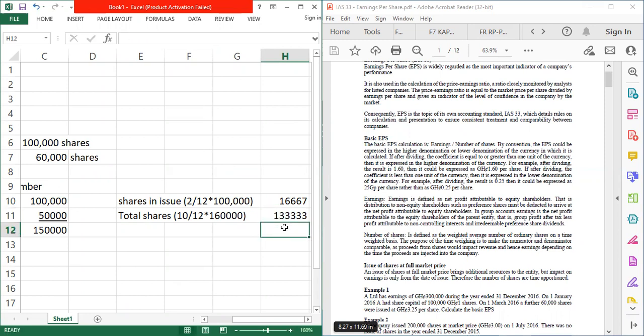Let's put the two together and see what we are getting. 150,000. Okay, that is also another way, but this is too long. I normally recommend the first one.